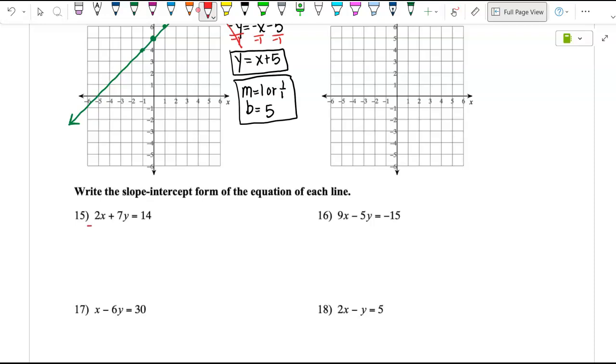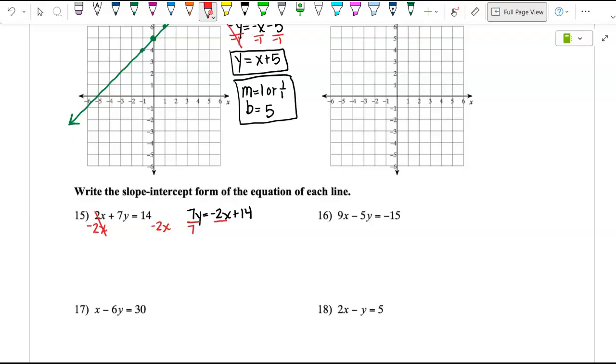So I'm going to start number 15 by subtracting 2x from both sides. So I have 7y equals -2x plus 14. Again, we write the x right after the equal sign because of y equals mx plus b.